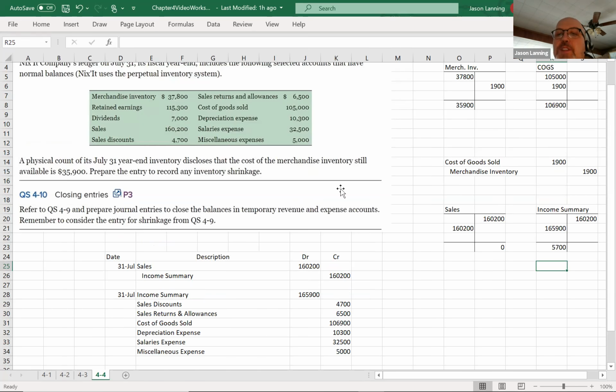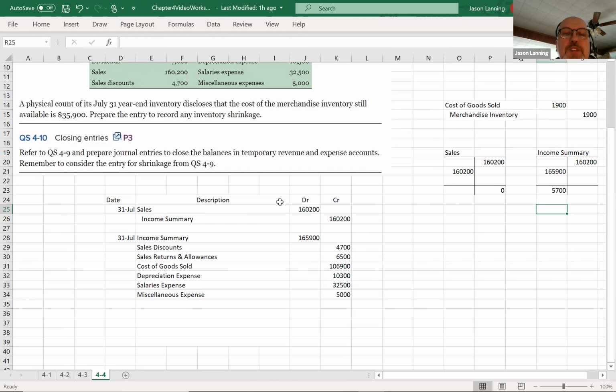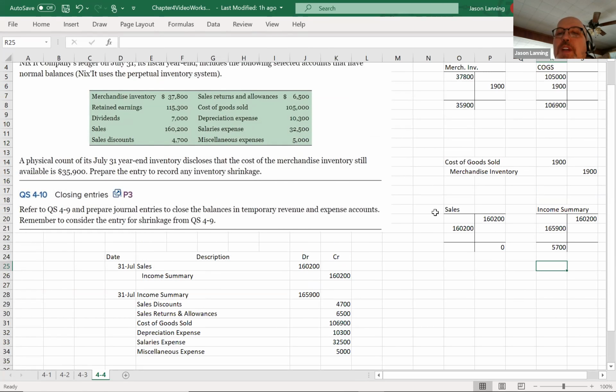We would credit dividends, debit retained earnings for the dividends, and then we would close income summary by crediting it the $5,700 and debiting retained earnings, $5,700. They're just asking us to do revenue and expense here, but if we went ahead with it, like I said, we would close our dividends of 7,000 into retained earnings.